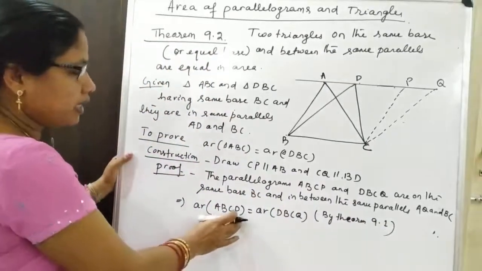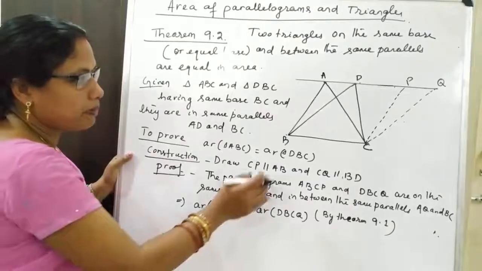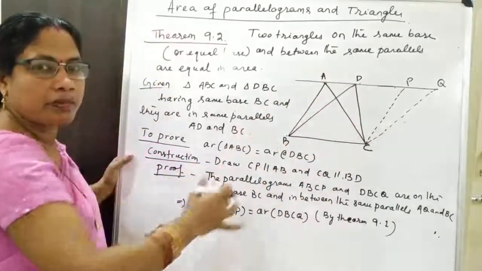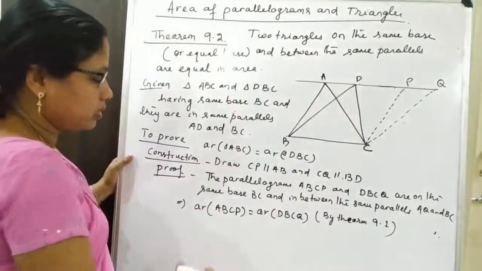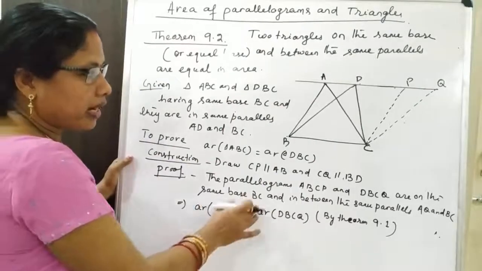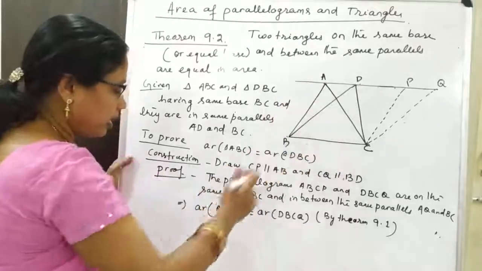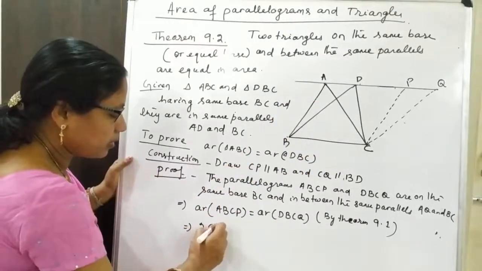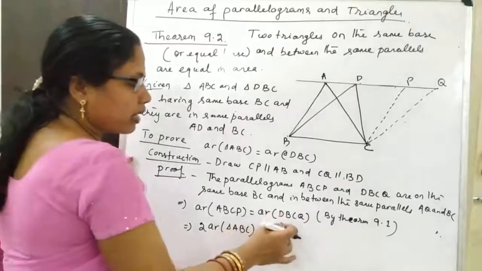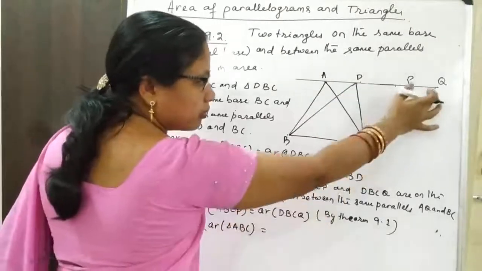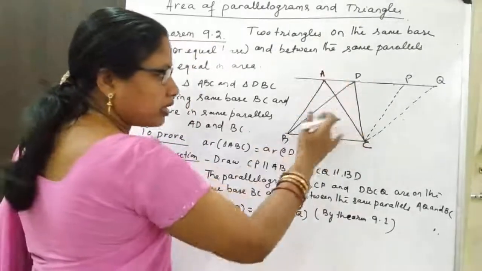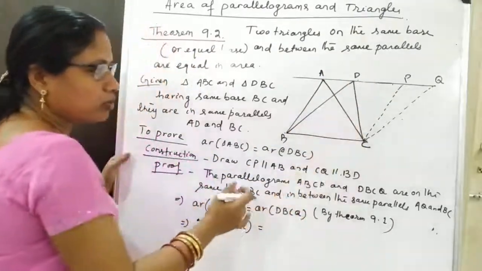So ABCP is a parallelogram and AC is the diagonal. So a diagonal divides a parallelogram into two equal areas. So in place of area of parallelogram ABCP, we can write twice the area of triangle ABC. So twice the area of triangle ABC is equal to, in the parallelogram DBCQ, here also DC is the diagonal, and the diagonal divides this parallelogram into two equal areas.